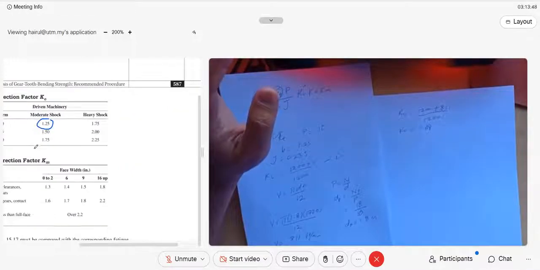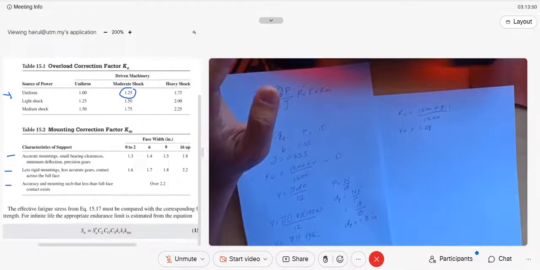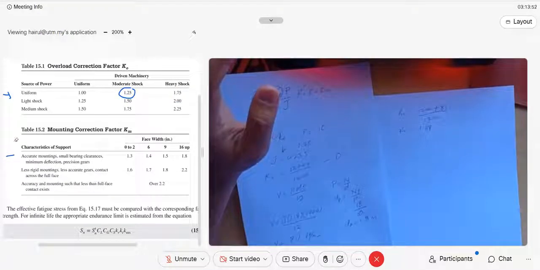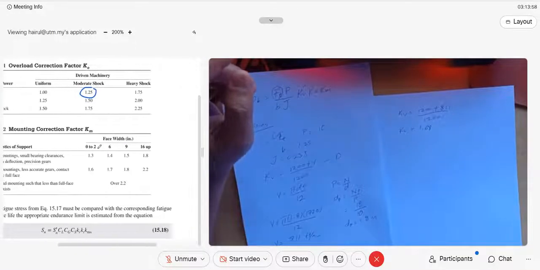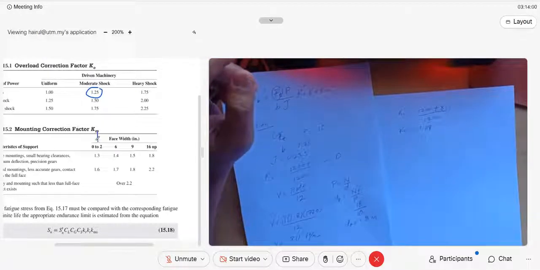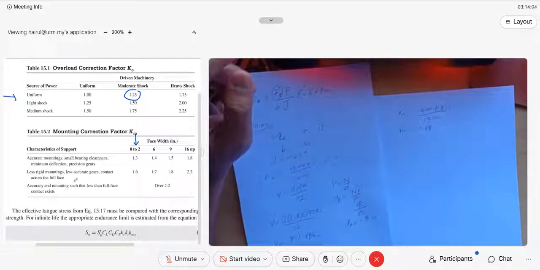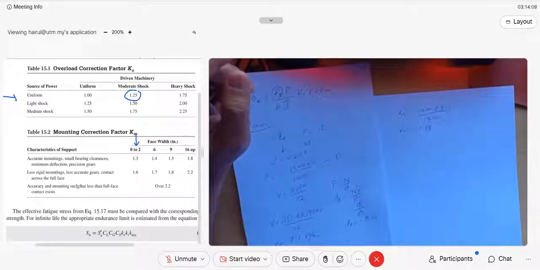The mounting factor is in table 15.2. Which one will we use? Our face width is 1.25 inch, so we will use this first column. Which one applies: accurate mounting, less rigid mounting, or precise? The top one is accurate, and the last is less than full face contact.